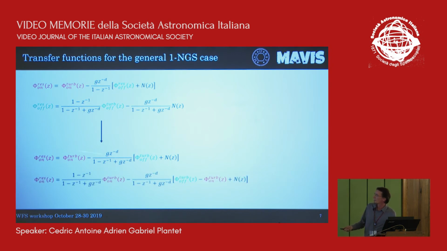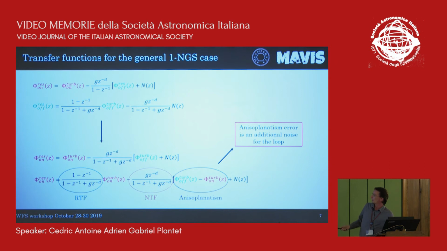And what we see is that we have the classical rejection transfer function on the turbulence on axis, and then a noise transfer function that applies not only on the noise but also on the anisoplanatic error. So the anisoplanatism is actually an additional noise for the loop.